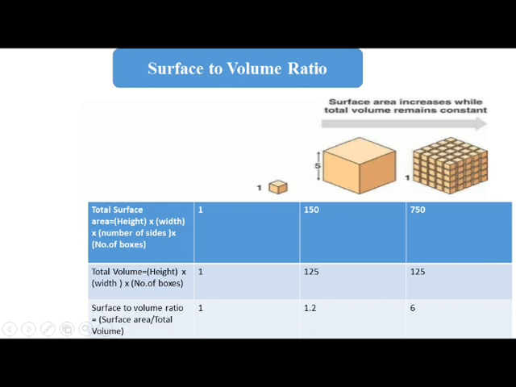So as we go on reducing the size, the surface to volume ratio increases, as in the third case. That means whenever you go from the bulk material to the nanoscale, the surface to volume ratio increases. We can understand that by seeing this example.